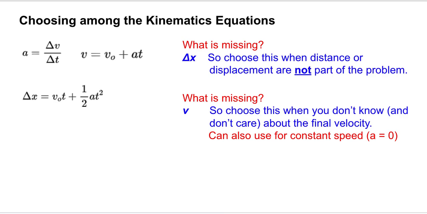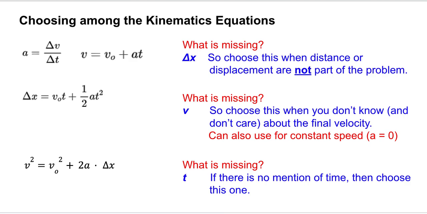And if we do know that the object moves with a constant speed, then there's no need to have a formula that has a v sub 0 and a v. So this is a useful one to use. And that would mean that the acceleration is 0, and we get just a simple delta x equals v times t.